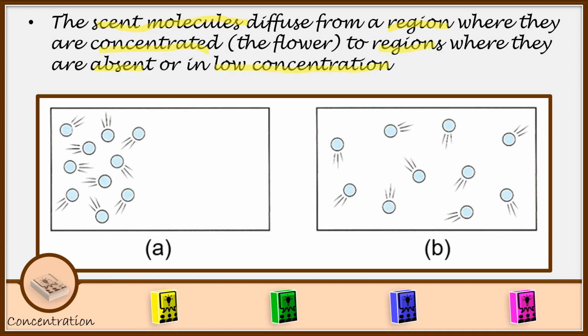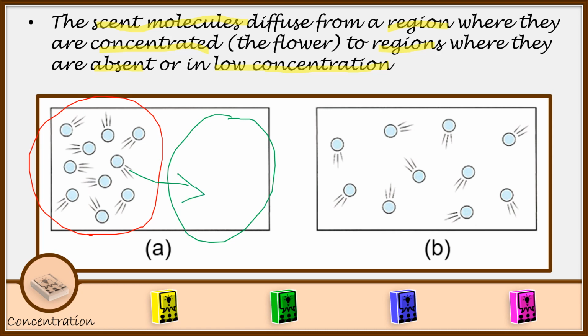Now, if we look here, we can see that in this region we have a high concentration of our scent molecules. So these molecules are going to move to a region where their concentration is absent or low.